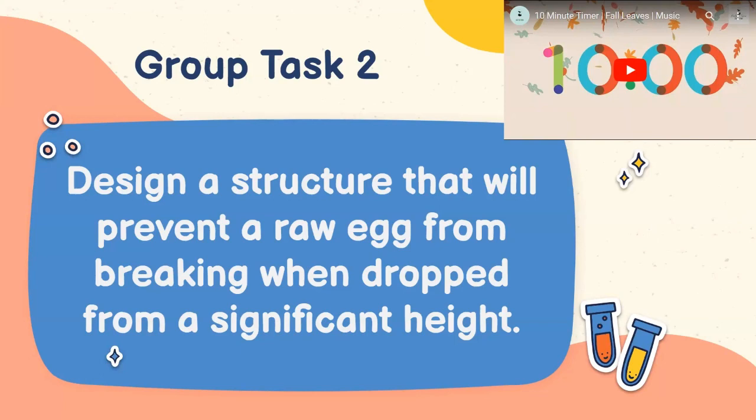This is a raw egg, so you have to be very careful. I might boil it. No, it's fresh. It's a fresh egg.